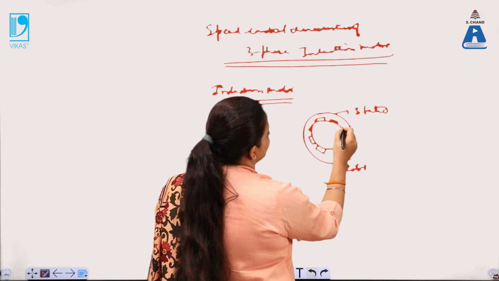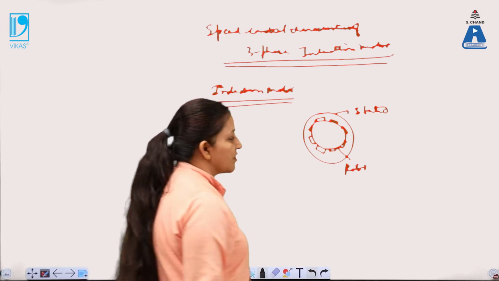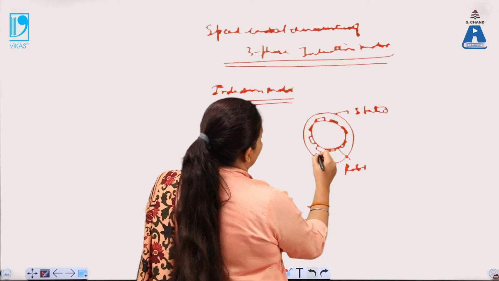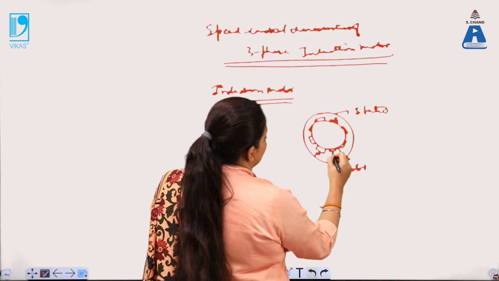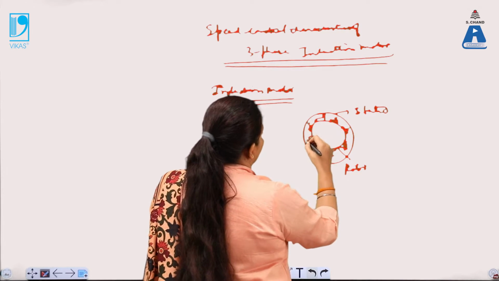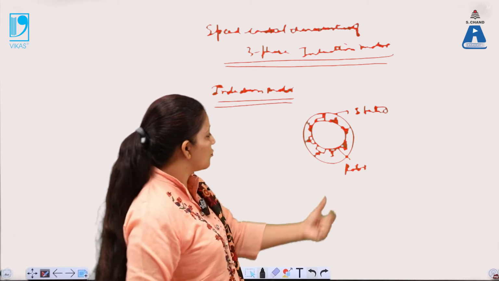These are the poles and the pole shoes, with the power supply like this, north pole, south pole. So, these are the parts of the generator. Now, this is the rotor.